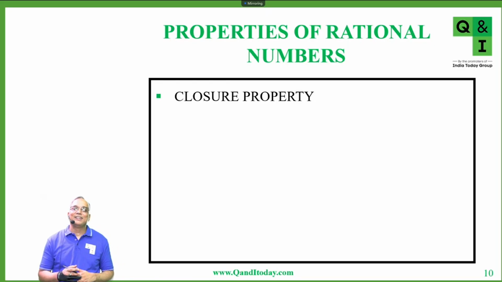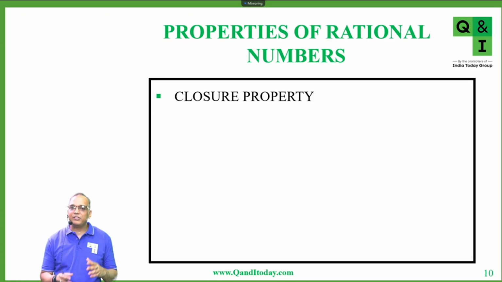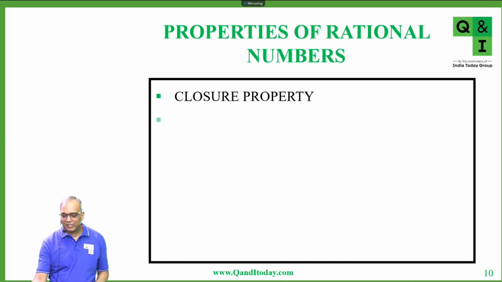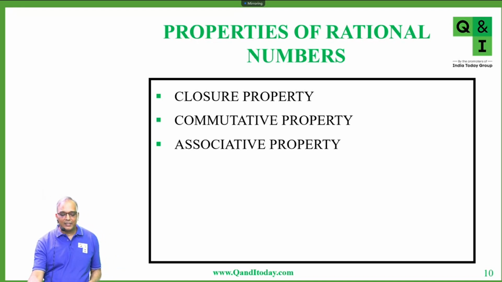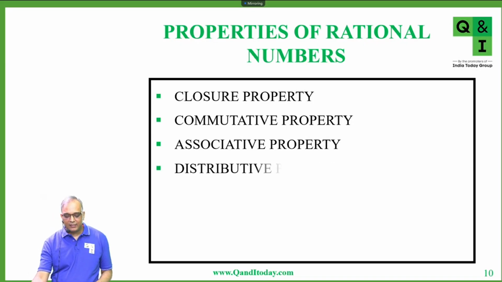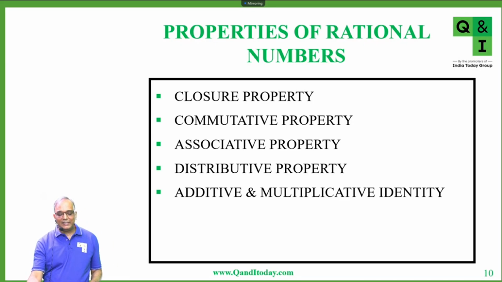Yes, sir. Yeah, so we'll go into detail on all of these properties. So the first property of rational numbers which we are going to study in this chapter is closure property. Second is commutative property. Third is associative property. Fourth is distributive property. Fifth is additive and multiplicative identity.